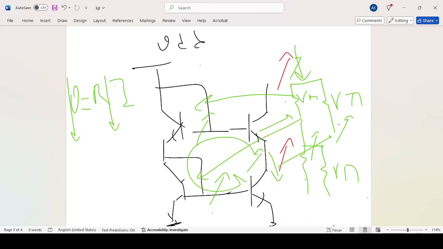This path reduces the R out, but it is important that the red one and the green one are not equal, because this path is very high gain, but this path is not very high gain because of the Rms. So you know that when this one is going down, it will be very small, and here also very small, but you know that R out is increasing, but not that much.